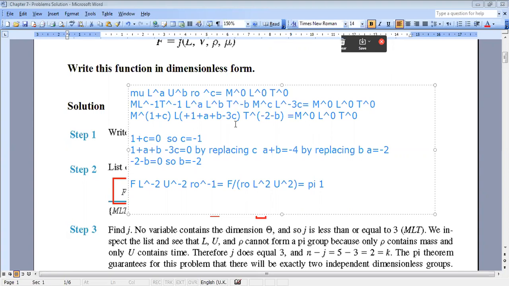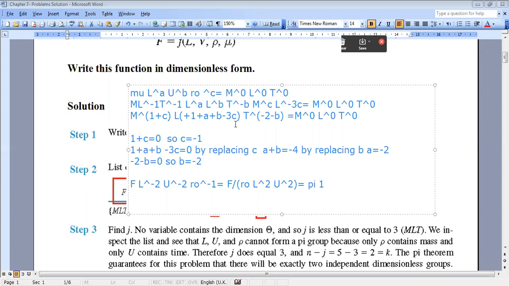So here we did the same thing, right, as we did before? The same thing, but before we were checking that they are independent, meaning they cannot form a group, because I want to try to find 3 variables. Why try to find 3? Because what is J? J is smaller than or equal to the number of dimensions in my problem. In this problem there are 3 dimensions, M, L, T. So first I try to find 3 variables that cannot form a group.